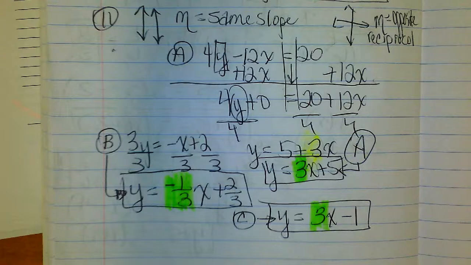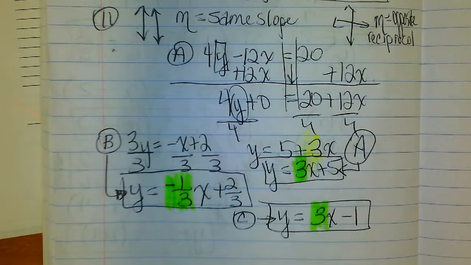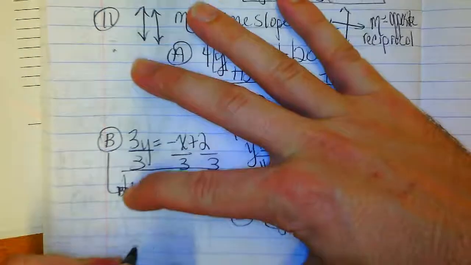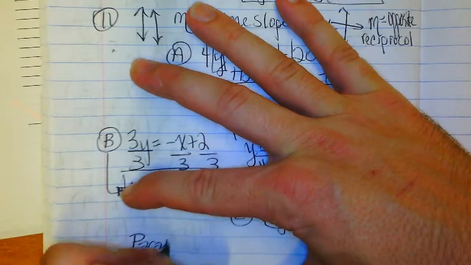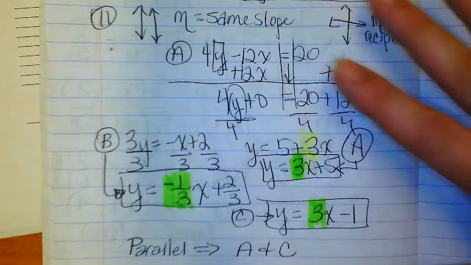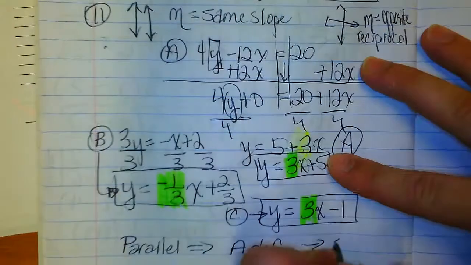Porque 3 y 3. So, están paralelo. All right. So, parallel lines are A and C. And Antonio told us that this was true because they have the same slope.